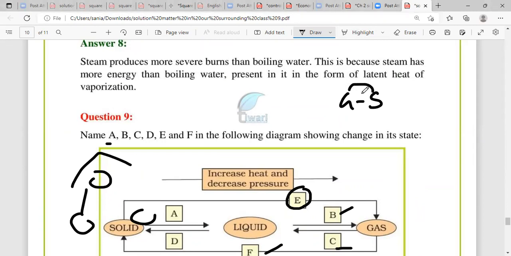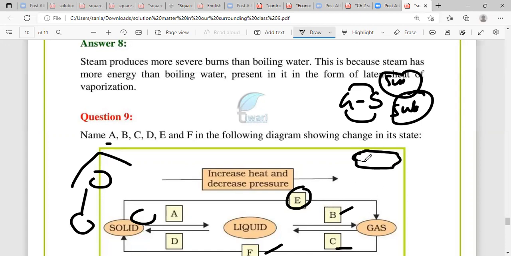When you convert gas into solid, it is known as sublimation. In some books it was mentioned that when you convert solid into gas, that is also sublimation. That was the mistake. But condensation, you already know: when you convert gas into liquid, like cloud formation, gas is converted into liquid, and then you get rain. So how can it be different?